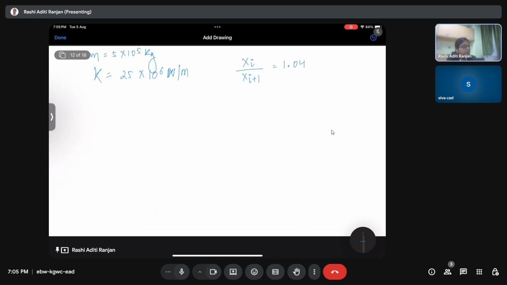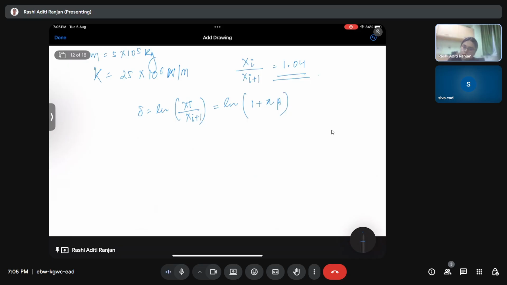Okay, now if you see that if I have this relation, I can actually find out beta, right? The question is how. We have the relation ln of x of i by x of i plus 1 is equals to ln of 1 plus pi beta, right?